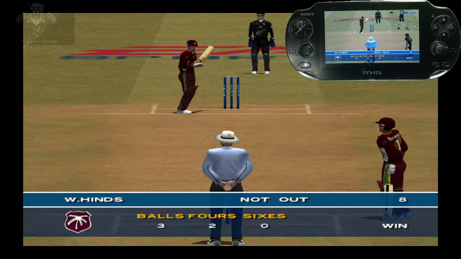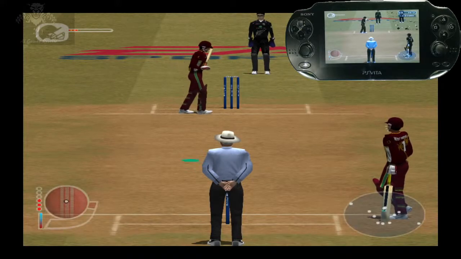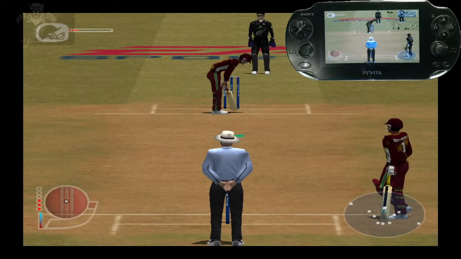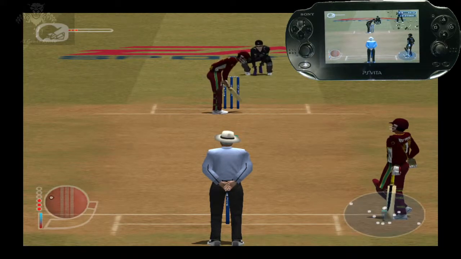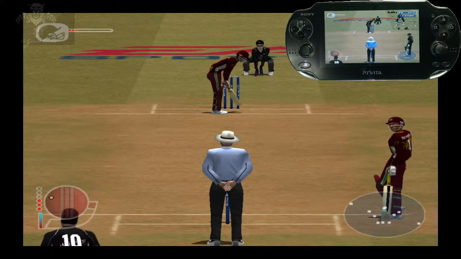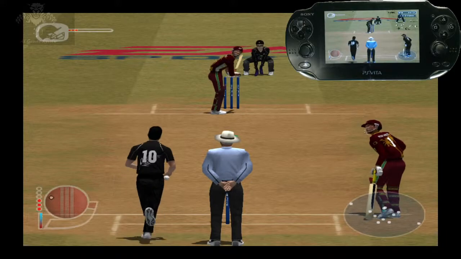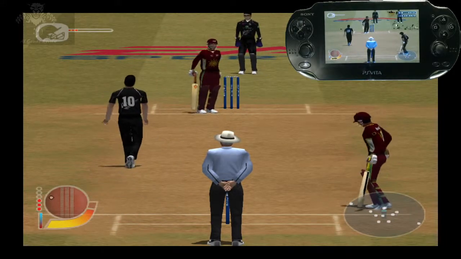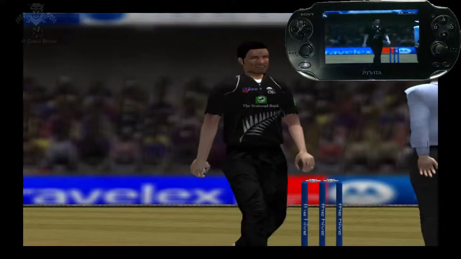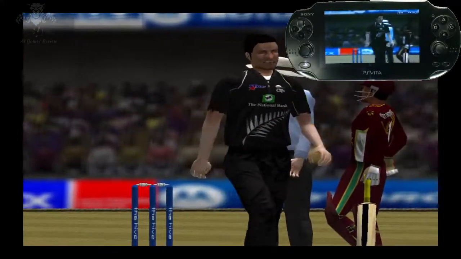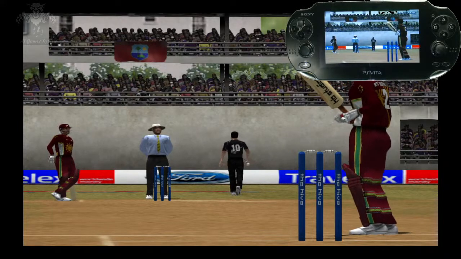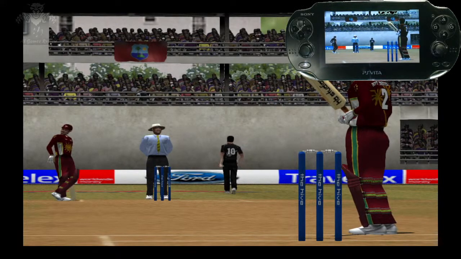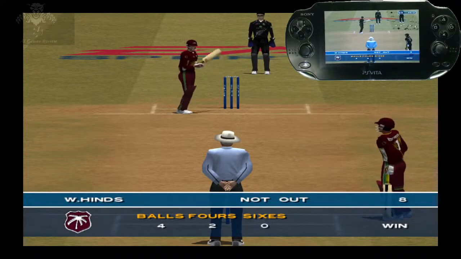Hines waiting at the striker's end. Tuffey to bowl to Hines.